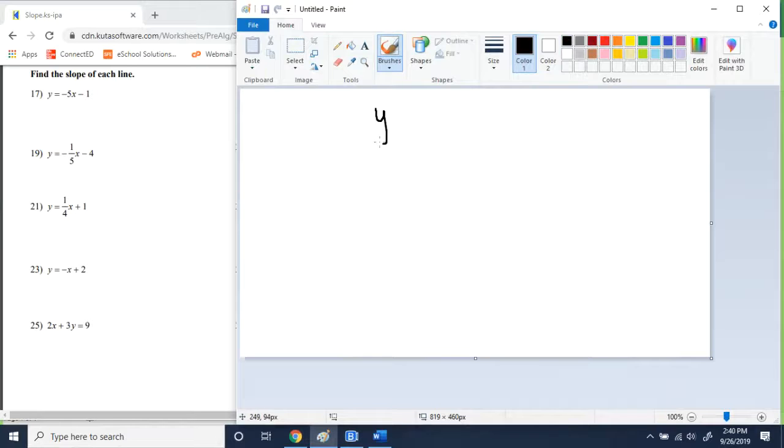Let's look at y equals 1 over 4x plus 1. I like doing practice problems with fractions because normally we have homework that looks like number 17, which is really easy to do. And then we get to the test day, and number 21 is a fraction, and we have no idea what to do.